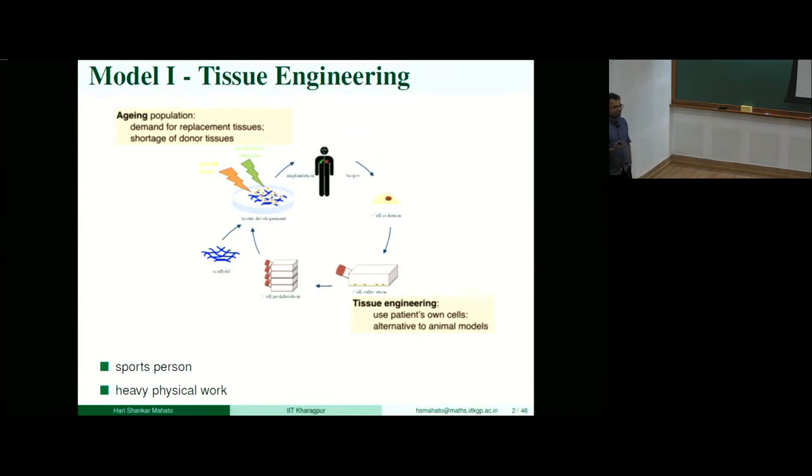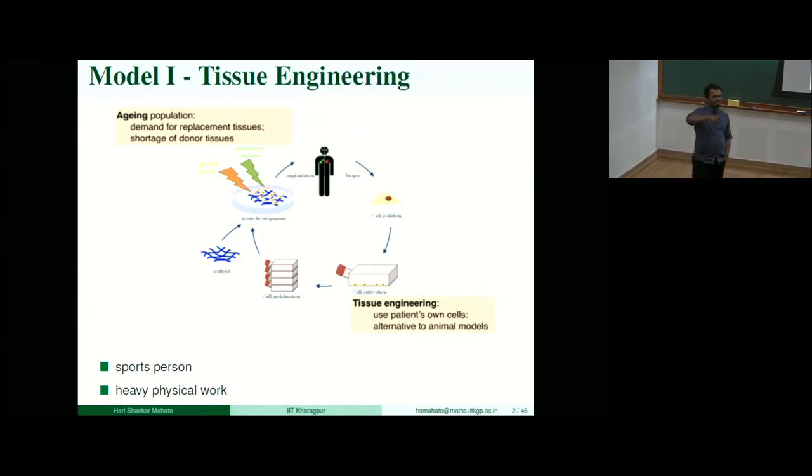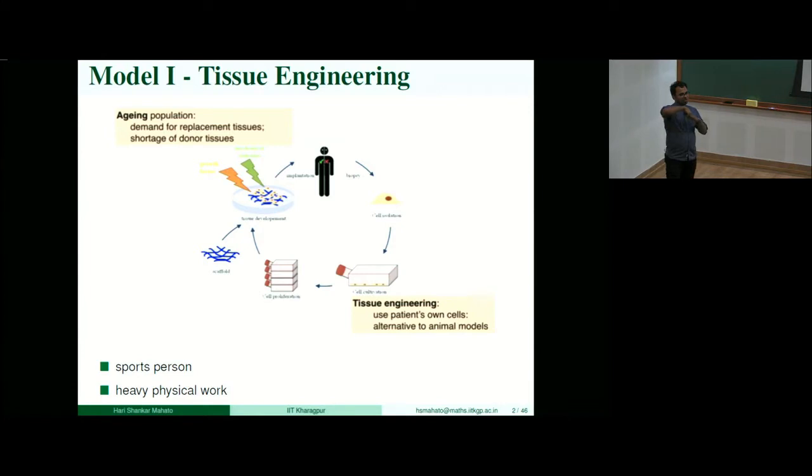For example, if you're too sporty, the cartilage can get damaged because of the rotation or twist in your knee. Cartilage is like a thin filament in your knee, on top of which the upper part of your thigh and the lower part of your leg slide against one another.